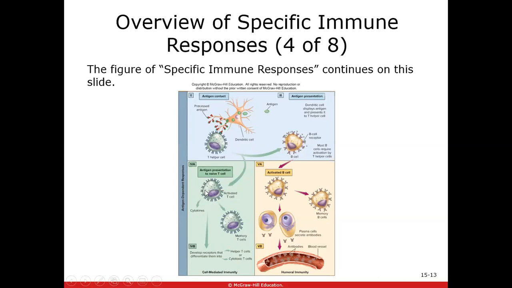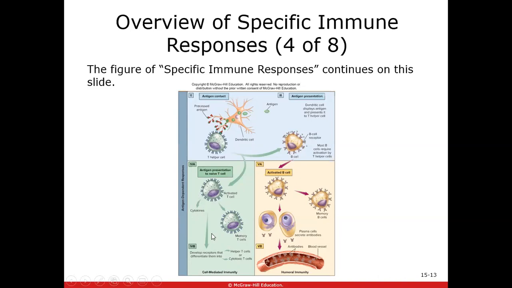With the activated T cell, it will make memory T cells. So if they ever come across this again, they'll already be aware of what needs to be done to neutralize it. It also releases chemicals to bring other immune responses to the area.